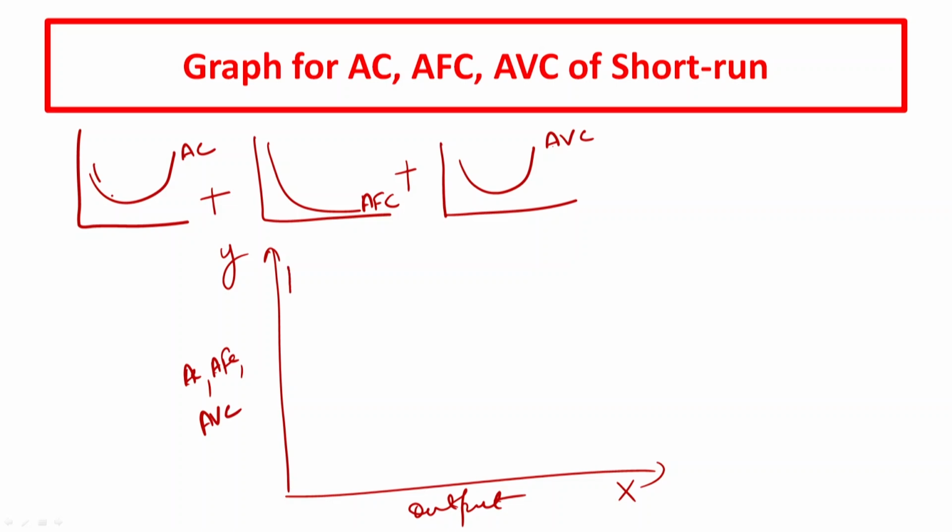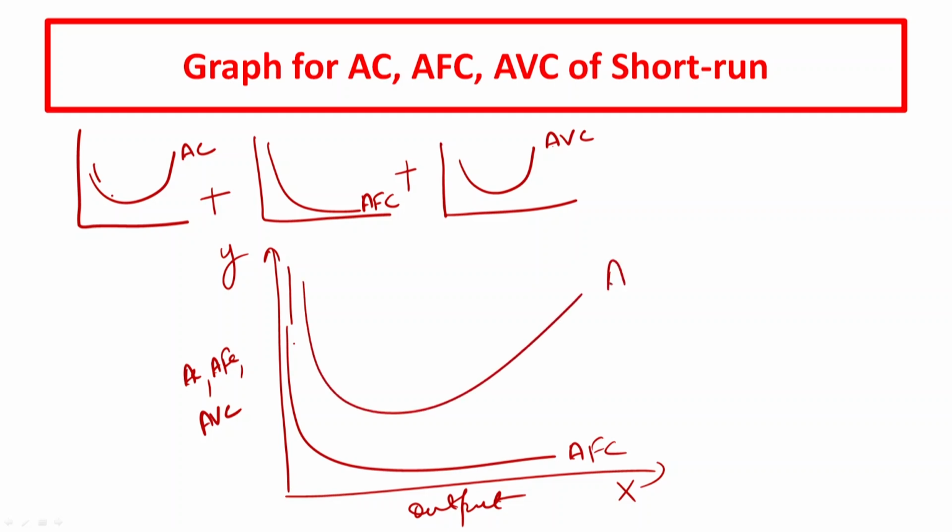Your average fixed cost is like this. Your average variable cost is also U-shaped, it will be like this, and your average cost is also U-shaped, it will be like this.